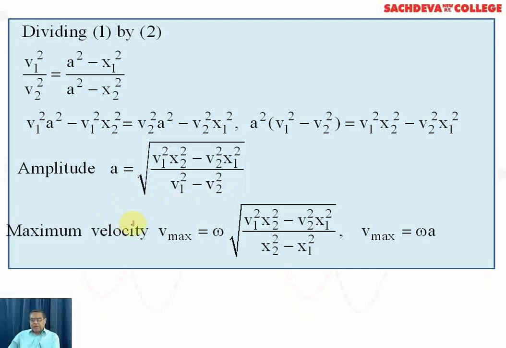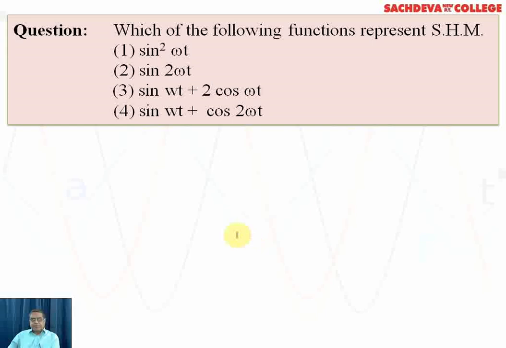In order to find v maximum, that is equal to a omega, for a we compute the value above and for omega we write omega as it is. So the maximum velocity at the mean position is a omega, and that will be the maximum velocity.